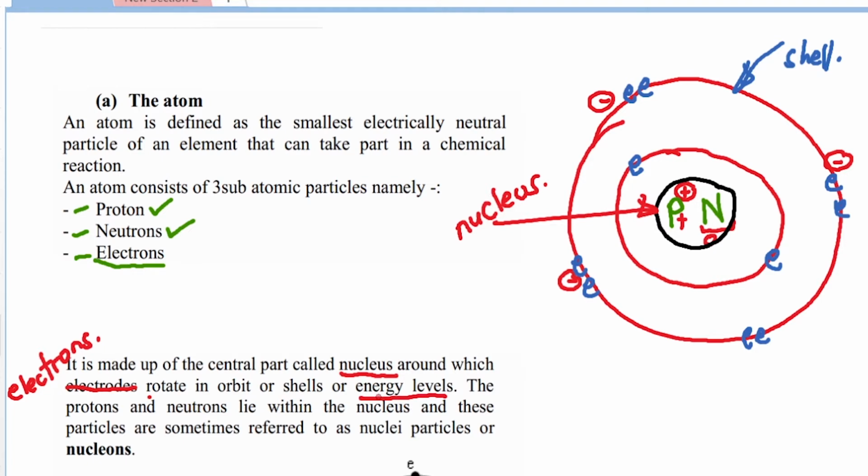At this level, we'll just call it that, energy levels. So the protons and neutrons lie within the nucleus, and sometimes these particles are referred to as nuclei particles or nucleons.